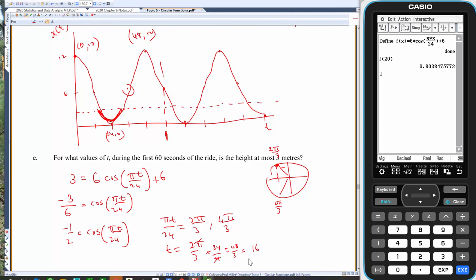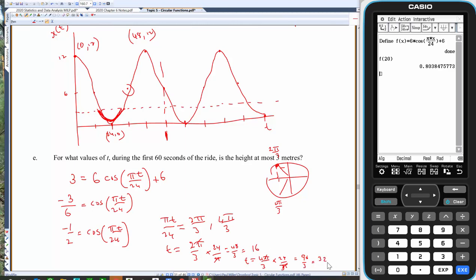So that one there is 16. And t equals 4 pi on 3 times 24 over pi, cancel, cancel. That is going to be 96 on 3, which is equal to 32.